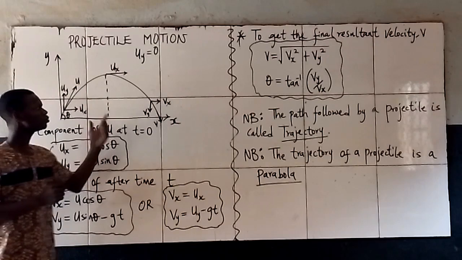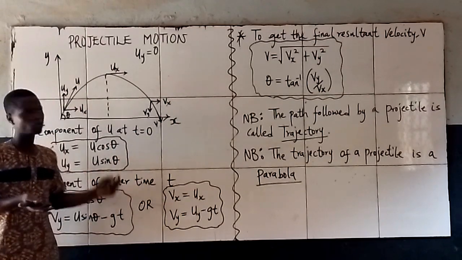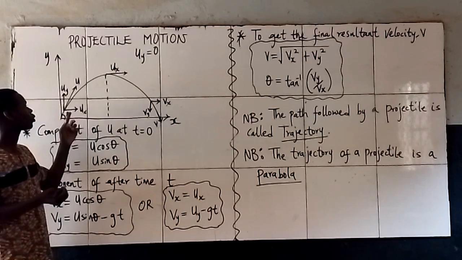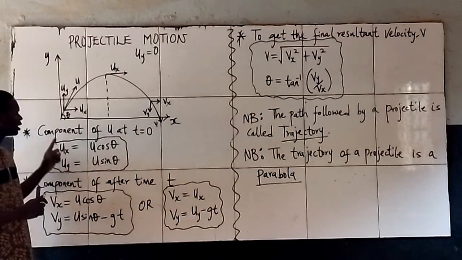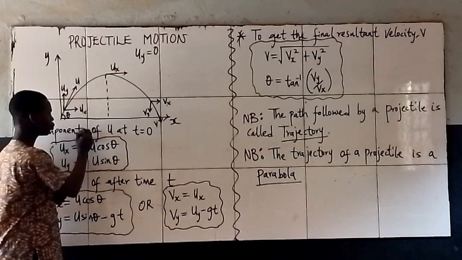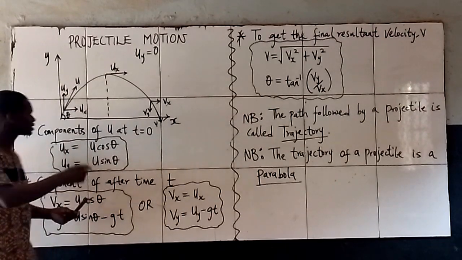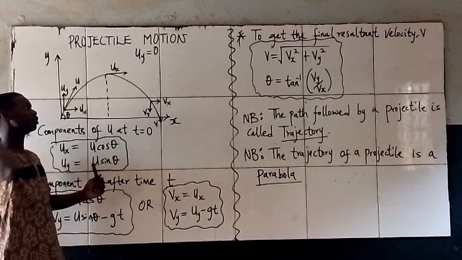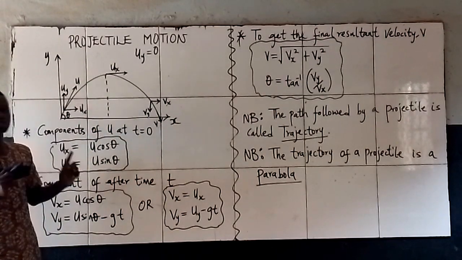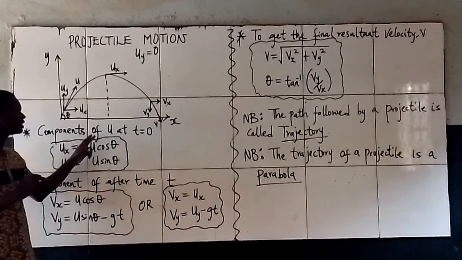So let's see what Vy stands for, what Vx stands for, what Uy stands for, and what Ux stands for. Okay? So let's get that. They said the components of u at a time 0, that is before the motion even starts, when the body was still here. And when the body was thrown, it has an initial velocity which is u. There are two components of that initial velocity.